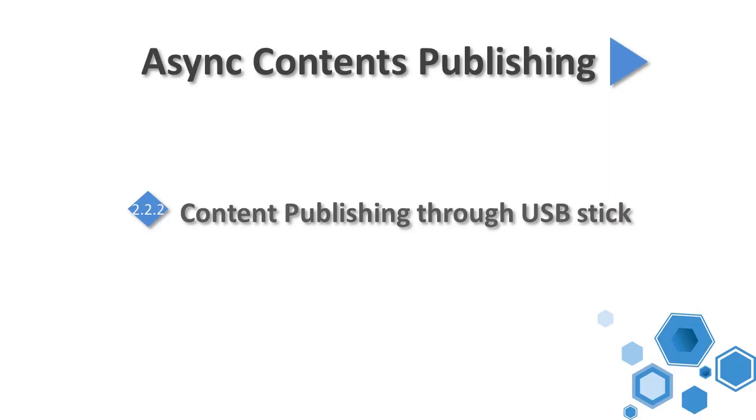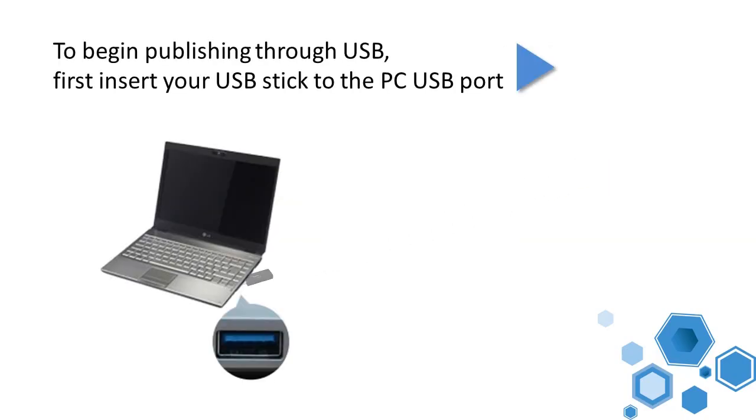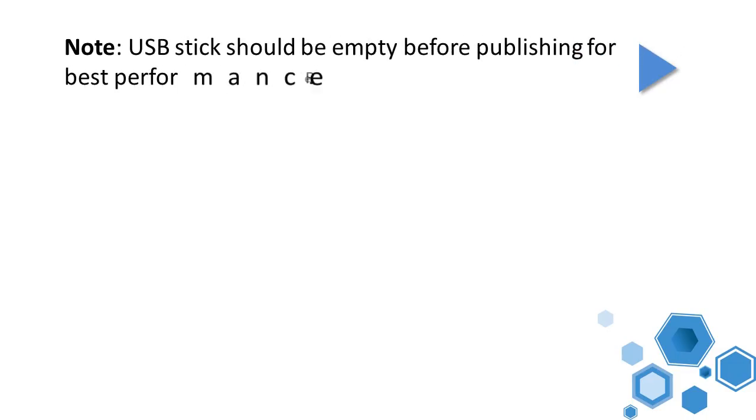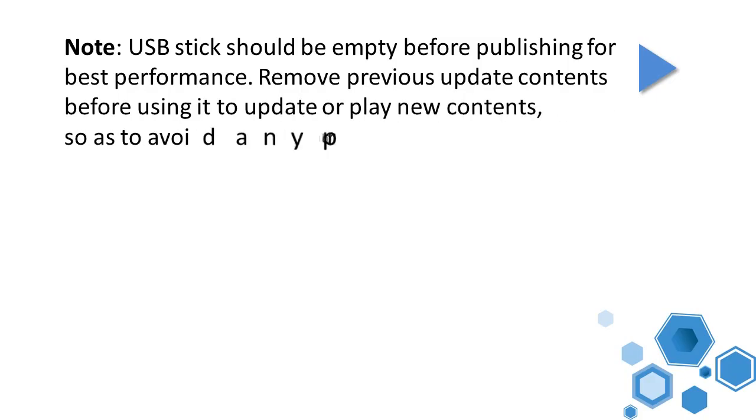Secondly, contents publishing through USB stick. To begin publishing through USB, first insert your USB stick to the PC USB port. Please note that USB stick should be empty before publishing for best performance.